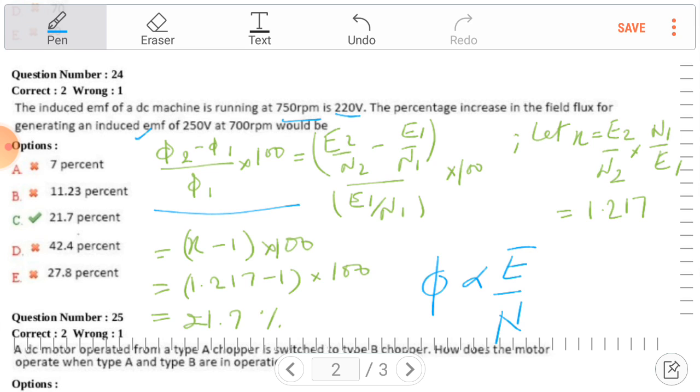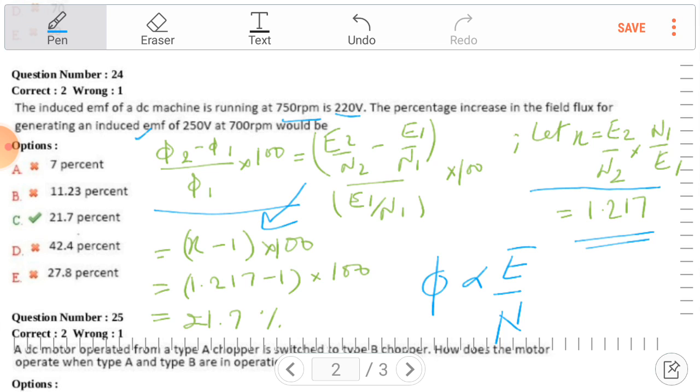So phi2 can be represented by E2 by N2 and phi1 by E1 by N1. By putting these values, and then we assume a variable x equal to E2 by N2 into N1 by E1. So this equation can be reduced like this: x minus 1 into 100, and x value we can find by putting the values.